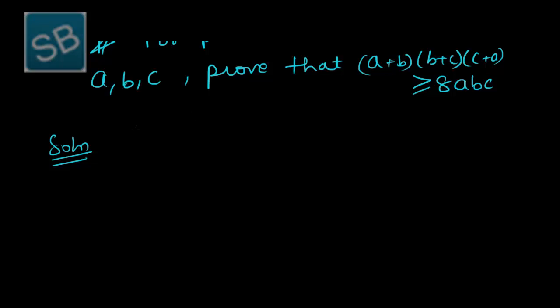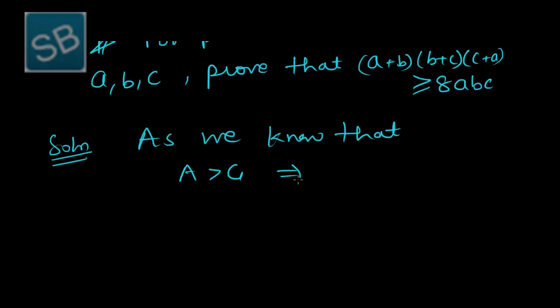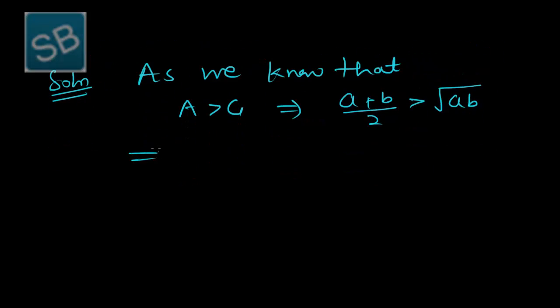As we know that AM is greater than or equal to GM, that is the sum of two numbers divided by 2 is greater than or equal to under root AB, that gives A plus B is greater than or equal to 2 times under root AB.